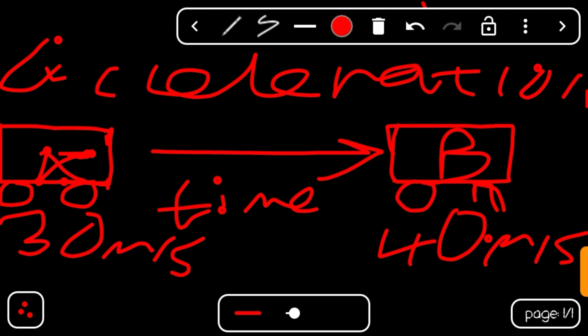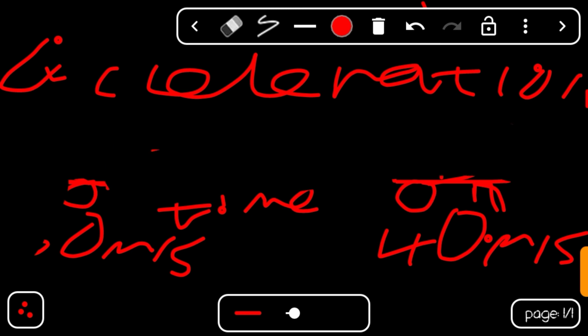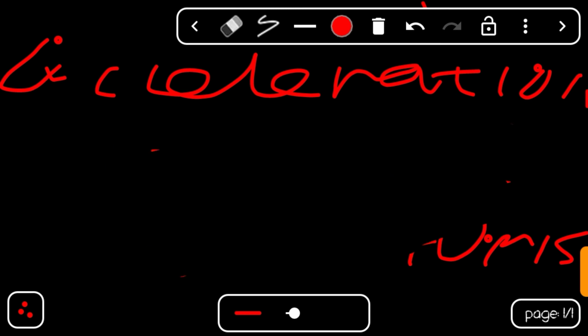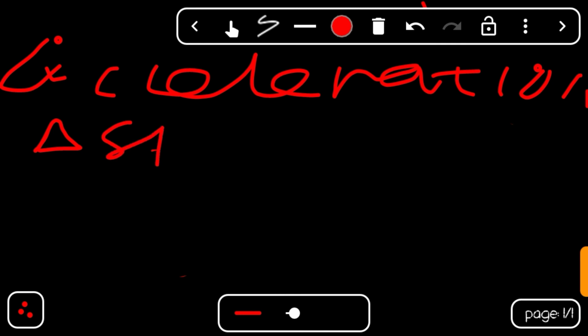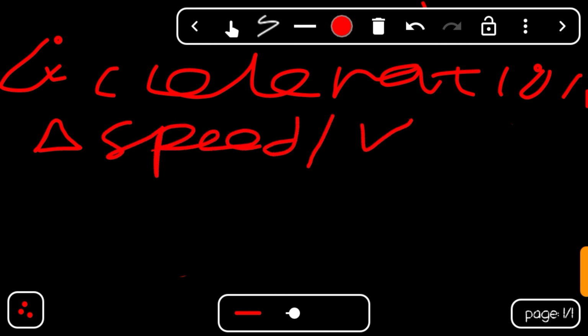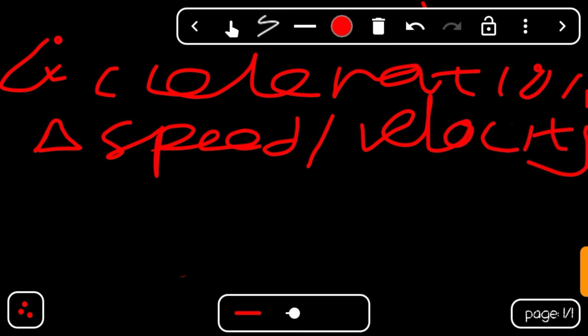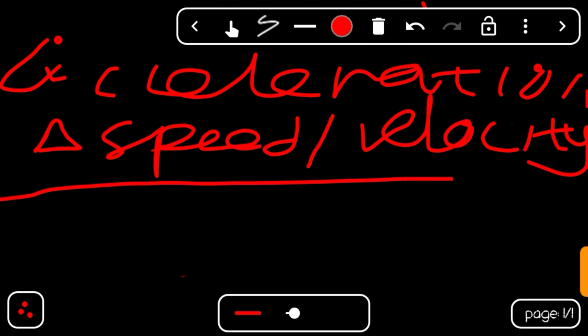So with this, acceleration can be said to be the change in speed or change in velocity, which is also in meter per second, all over change in time, the time taken.